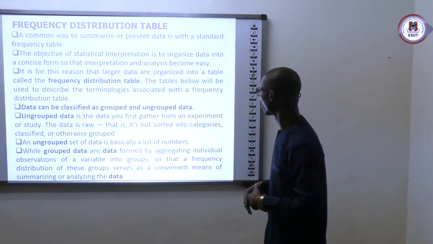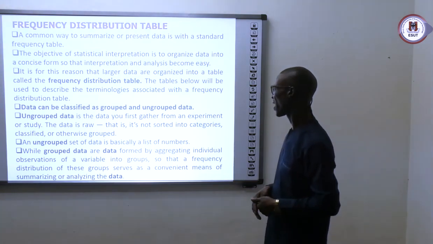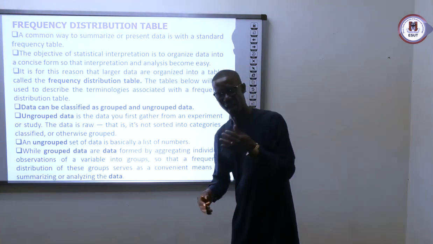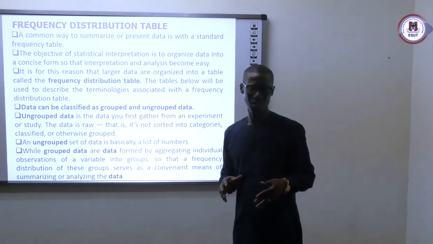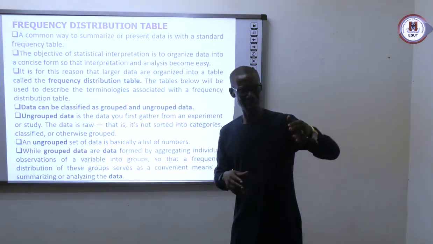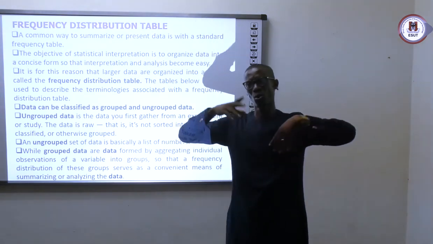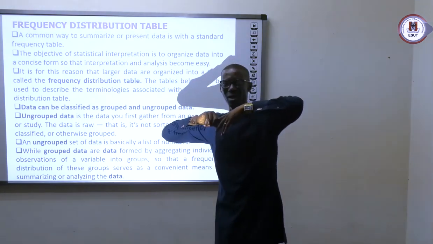So data can be classified as grouped or non-grouped data. Grouped data are interval data arranged in a tabular format. A table that has observations maybe 1 to 10, 11 to 20, 21 to 30, sometimes we call it grouped data.